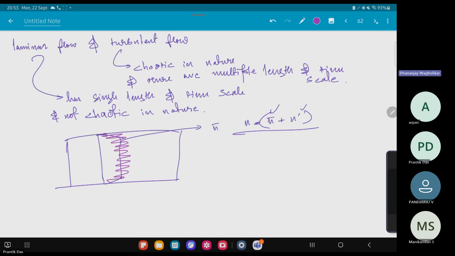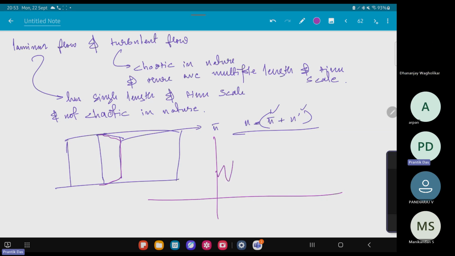Even if the thing is chaotic in nature, the mean itself has some predictability inside it. For example, if the summer temperature is somewhat like this, we know the average temperature is going to be somewhat like this.